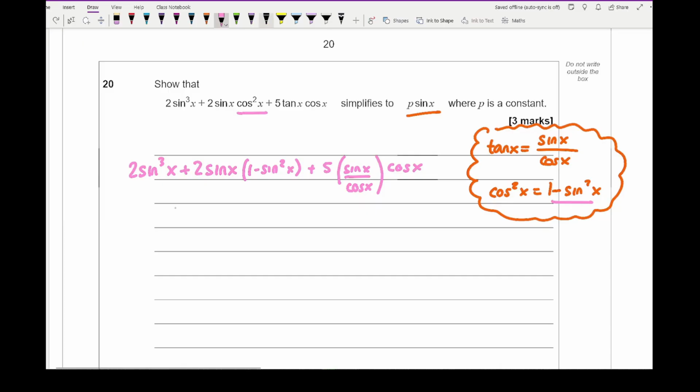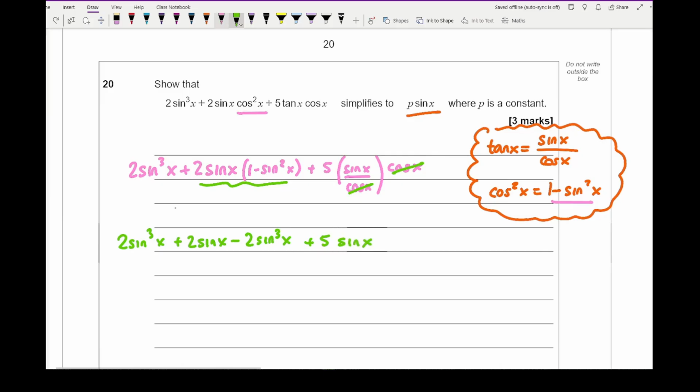I can't do anything about the first term, so let's just write that out. Now multiplying this out, I end up with 2 sine x minus 2 sine cubed x, and then the cos x's cancel out, so that's just plus 5 sine x.